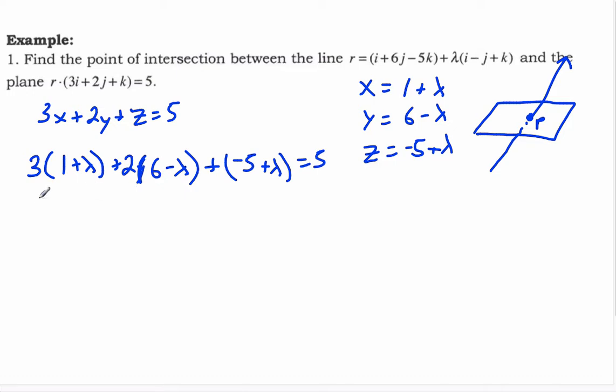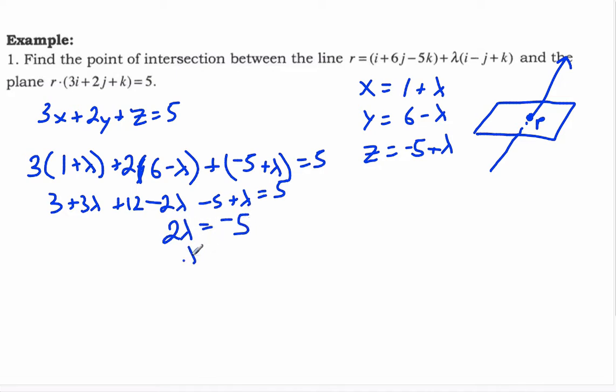And then we're going to start solving for lambda. We got 3 plus 3 lambda plus 12 minus 2 lambda minus 5 plus lambda equals 5. And if you simplify that, you get 2 lambda equals negative 5, and lambda equals negative 5 over 2.